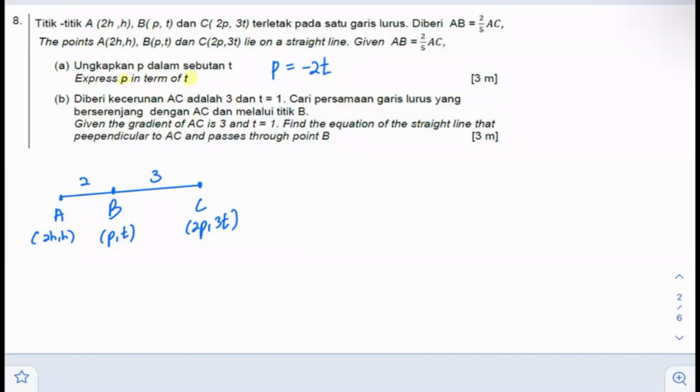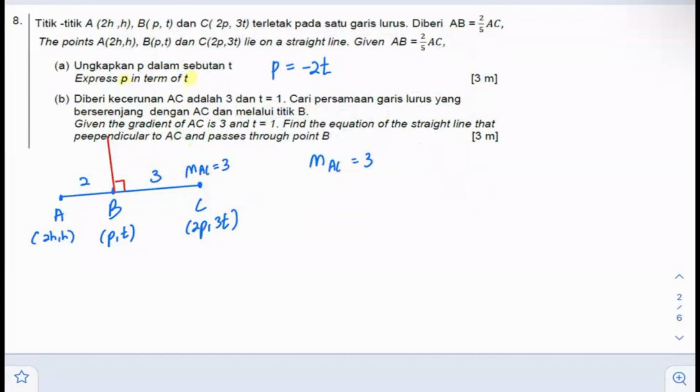For part B, it's given that the gradient of AC is 3, so we say m_AC equals 3 and T equals 1. Find the equation of the straight line that is perpendicular to AC and passes through point B, which means at point B, we'll have a perpendicular line like this.